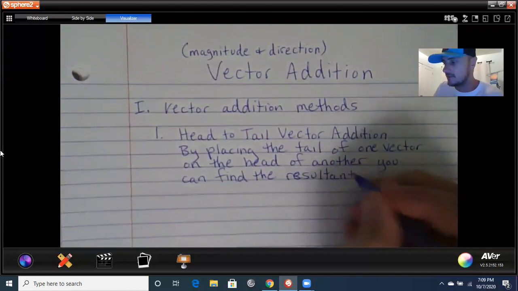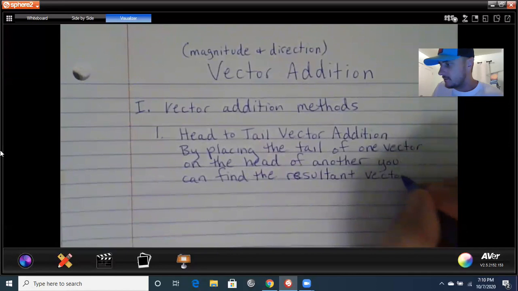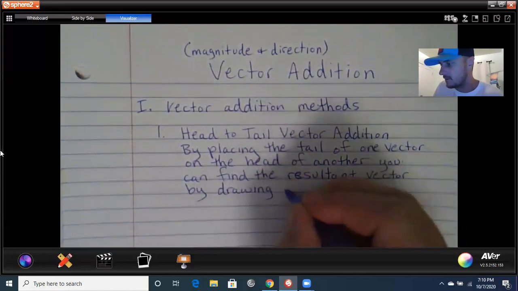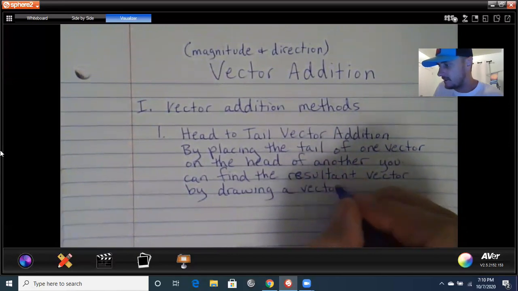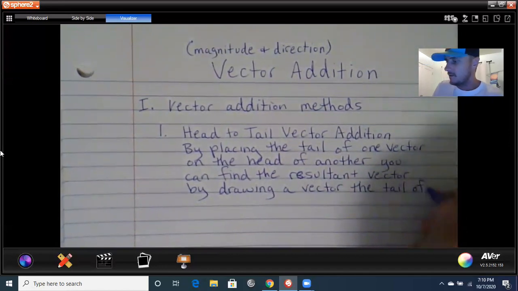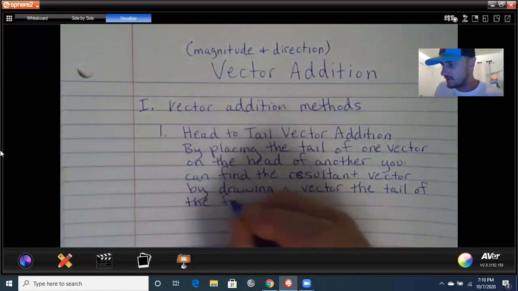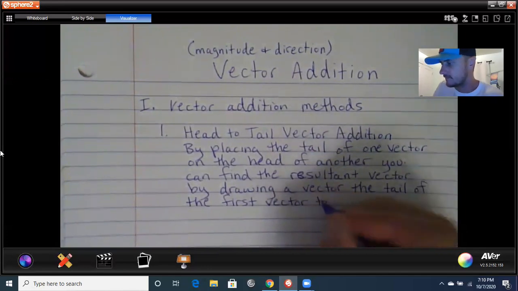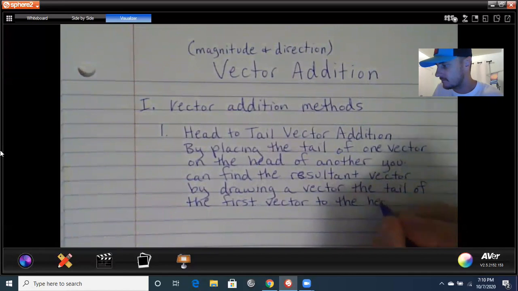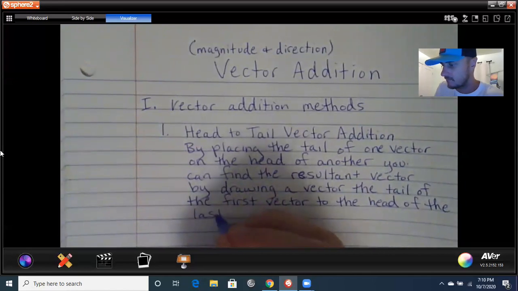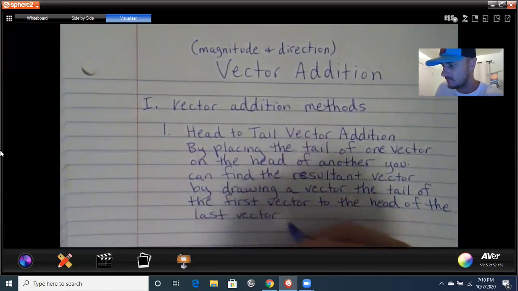The resultant, the answer vector, by drawing a vector from the tail of the first, oh my gosh, so many words, the tail of the first vector to the head of the last vector. Okay.